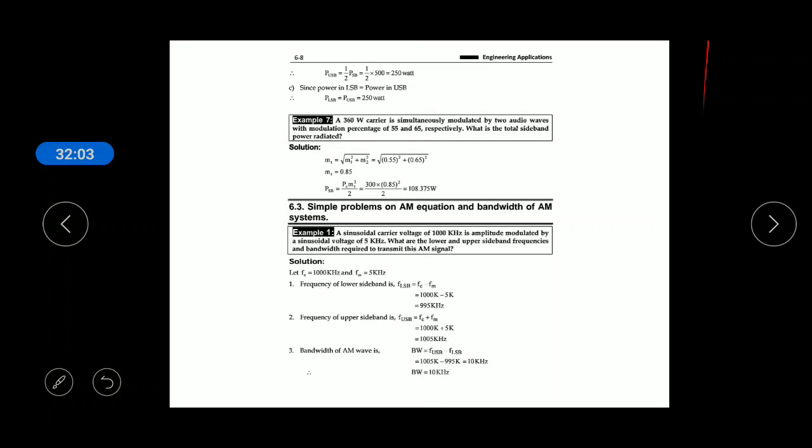If it is single tone modulation, you can directly substitute m, but in example number 7 they provided two modulation indexes, 55 and 65, and you should calculate the resultant by taking the square root of the sum of squares.